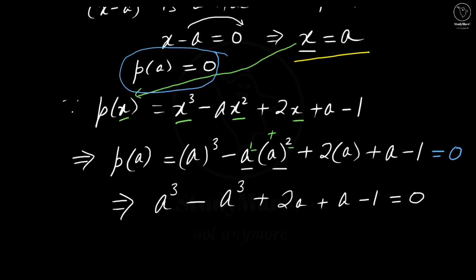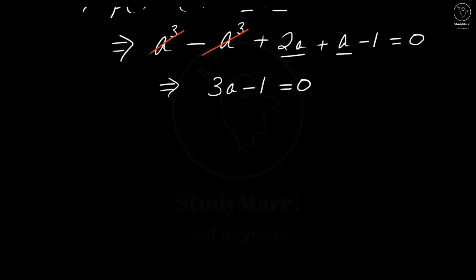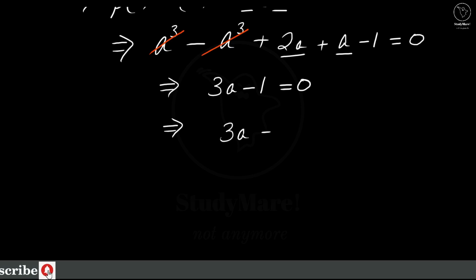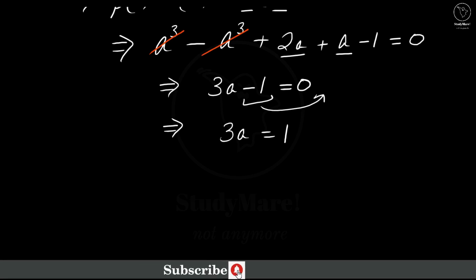Now here plus a cubed and minus a cubed cancel out each other. Plus 2a plus a adds up, giving us 3a minus 1 is equal to 0. In the next step, we get 3a is equal to 1. We have simply moved this minus 1 to the right hand side, thus it becomes plus 1.